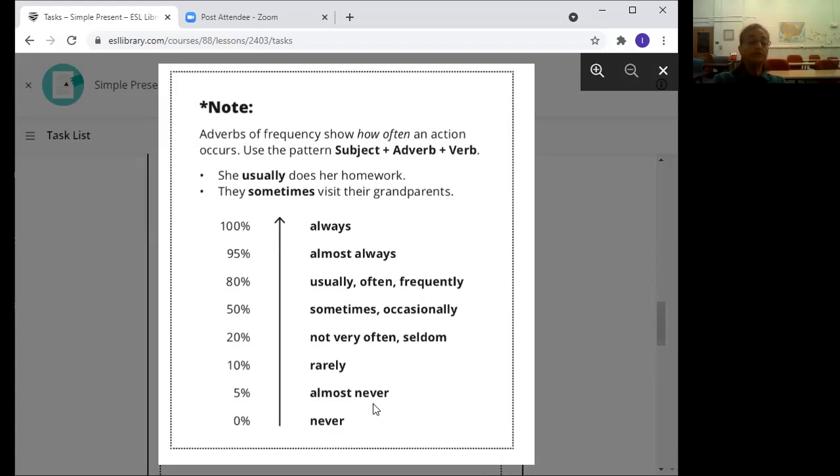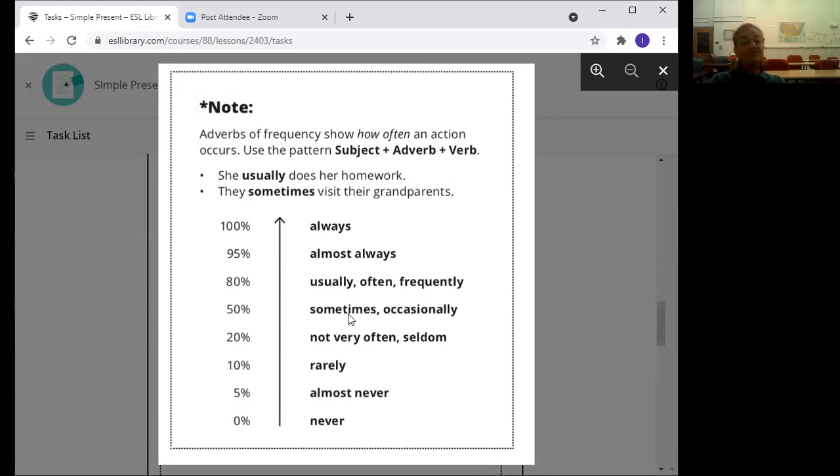Almost never is close to never, but maybe occasionally you have some sort of repetition. Rarely means not very often. Seldom is a little bit less rare than rarely. Okay.